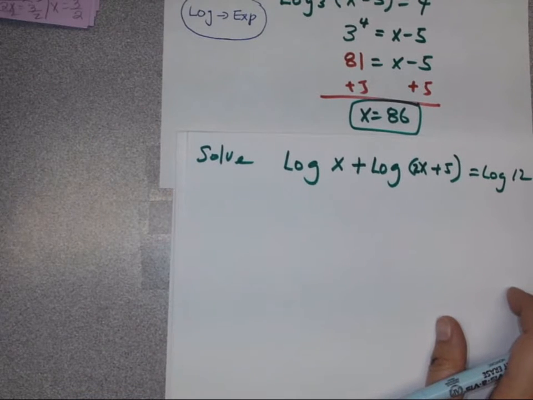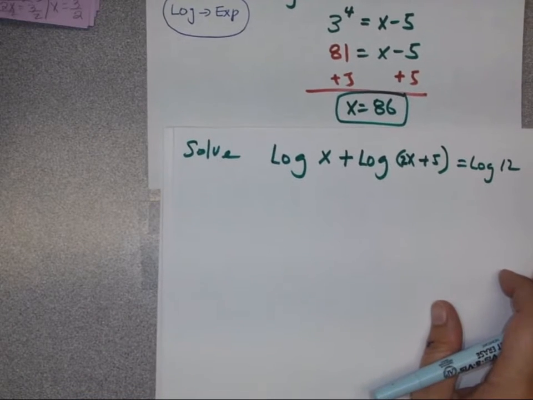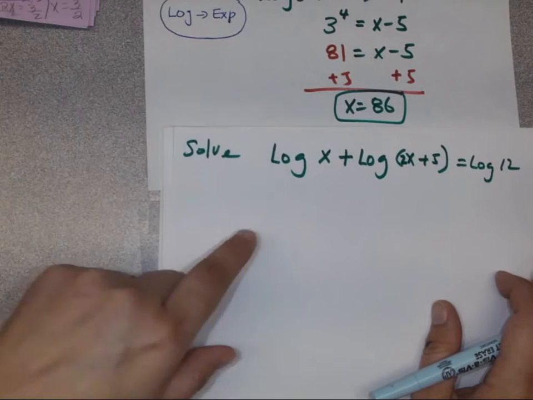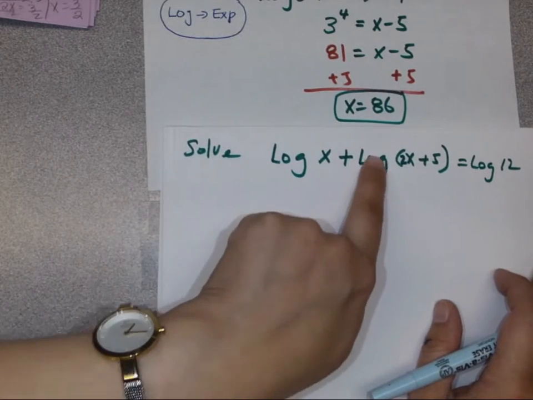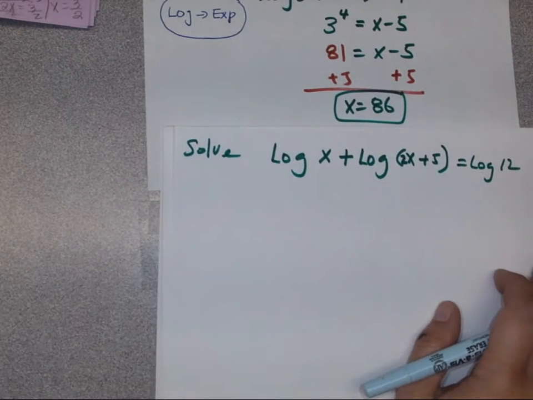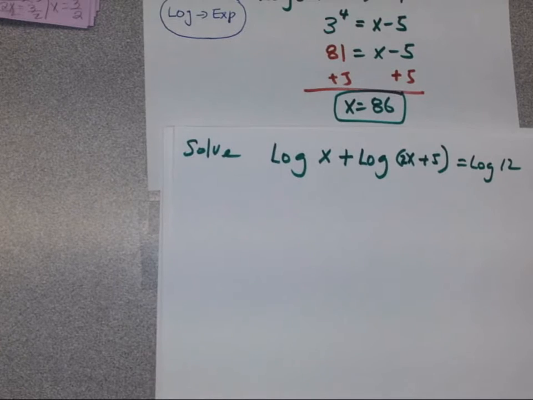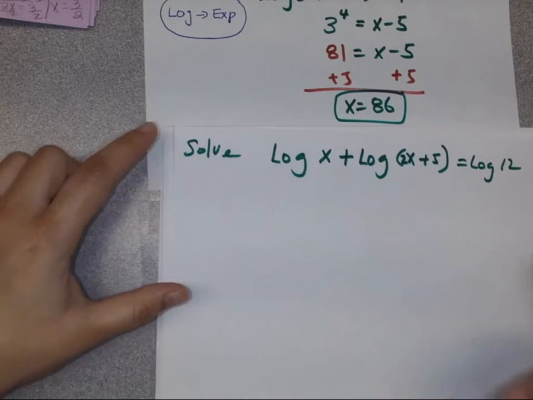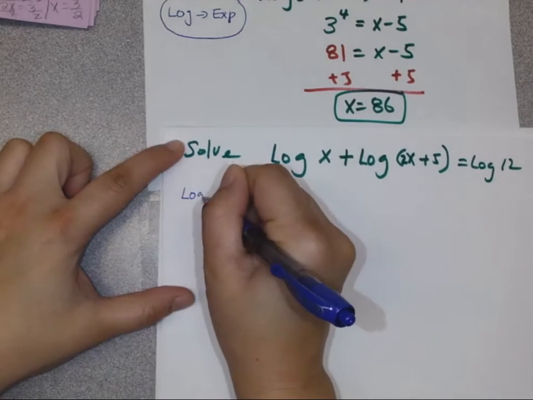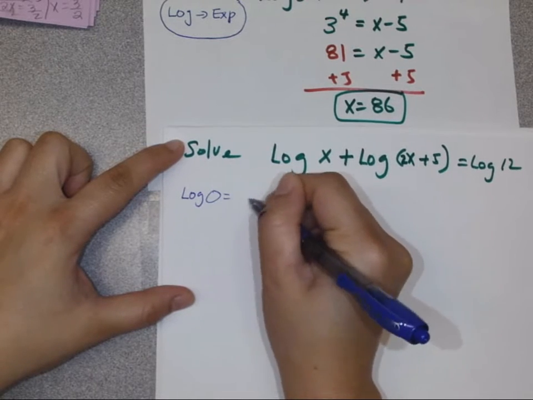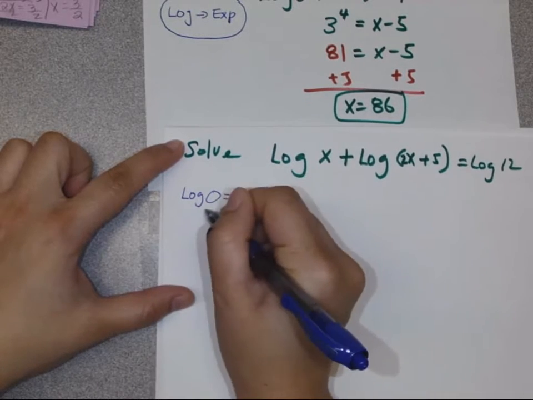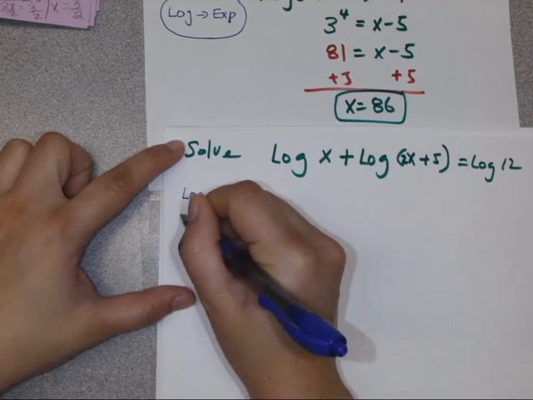Okay, so if we have something like that, can I go ahead and cancel all the logs? Not yet. This is one of the common mistakes. People start canceling it. When can I cancel it? If just one term on each side, and they have the same base of log, then you can cancel it.